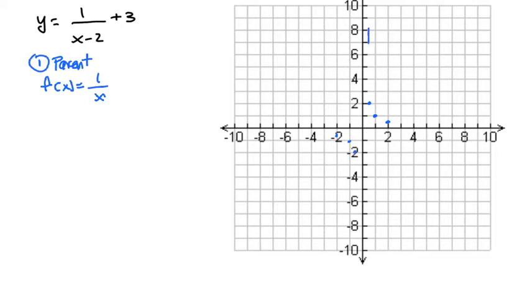So the asymptotes of the parent function are the x and the y axes, because as we know, the domain is x such that x can't be 0, and the range is y such that y cannot be 0.